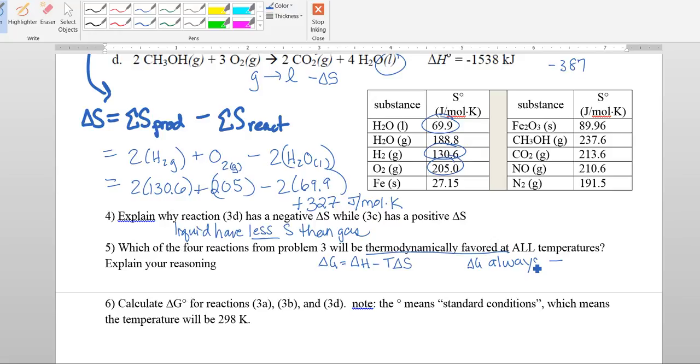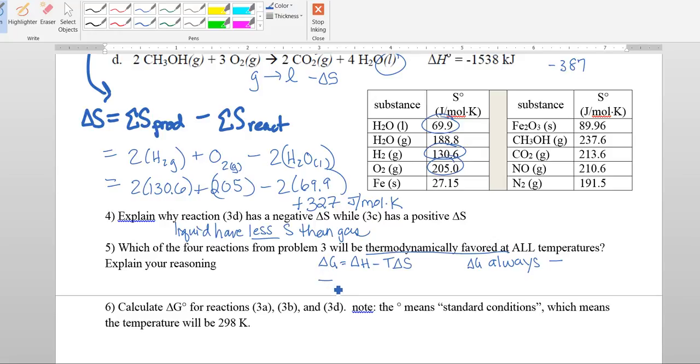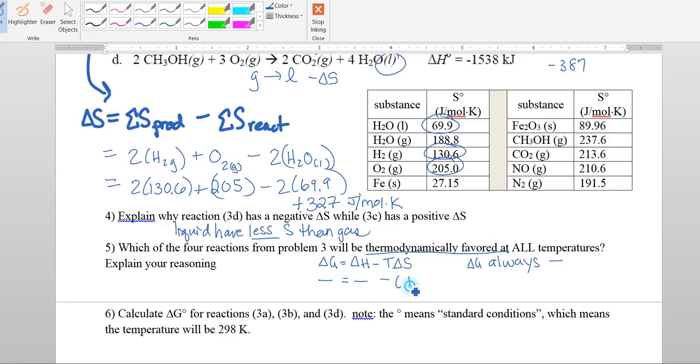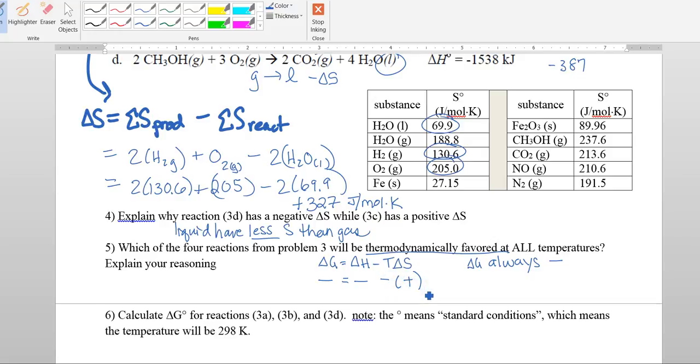So if we think about sign here, in order for G to be negative, guaranteed, that would happen if delta H were negative and delta S were positive. Because in this case, you'd have a negative minus a positive. That's always going to give you a negative number, no matter what the temperature is. So if we have a negative delta H and a positive delta S, then it's always thermodynamically favorable.